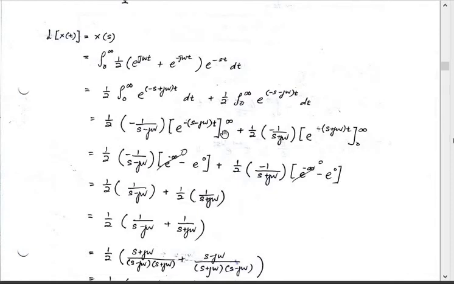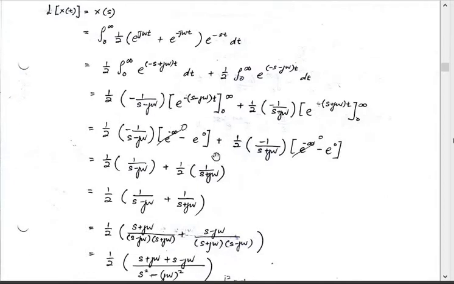In this case, we assume the real part of s is more than 0. So for this part, we assume it is a positive value, so exponent negative infinity gives you 0 here.